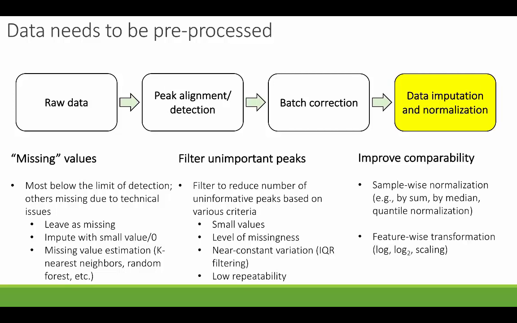And finally, there are a number of different normalization approaches for sample-wise and metabolite-wise normalization to improve comparability, in addition to different transformations that may be applied if the data look like they're not normally distributed, which they probably will not be.